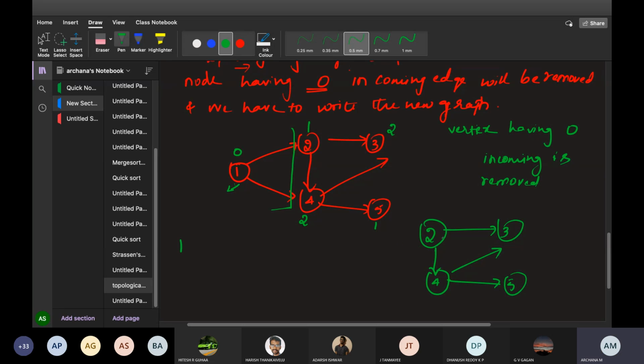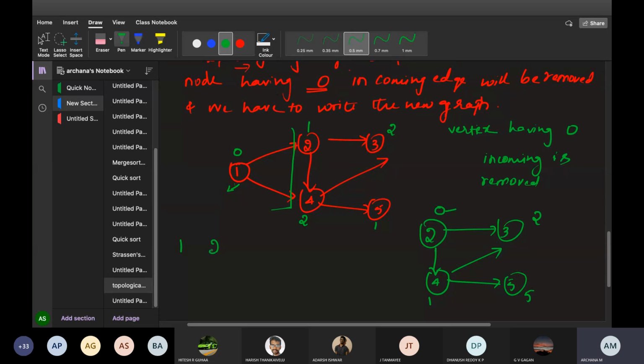Now again for this graph, we have to see how many incoming edges are there. So for 2, how many incoming edges? 2 is having 0, 4 is having 1, 3 is having 2, 5 is having 1. Now again from this graph, remove the vertex which is having 0 incoming.